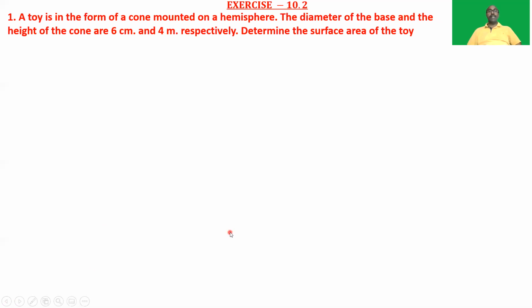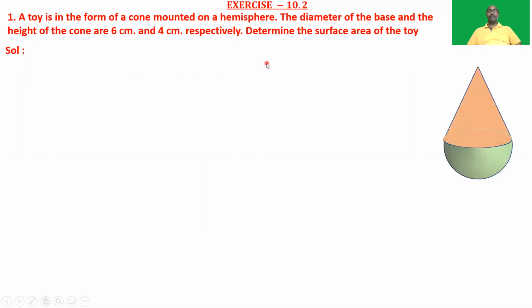The diameter of the base and the height of the cone are 6 centimeters and 4 centimeters respectively. Determine the surface area of the toy. That's the question. So here the toy is the combination of a cone and a hemisphere like this.